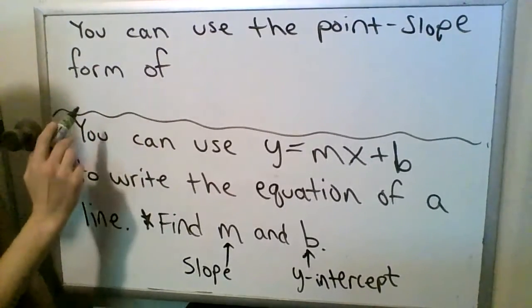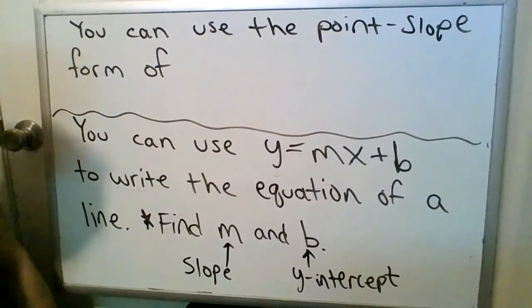It's called point slope form of the equation of a line.